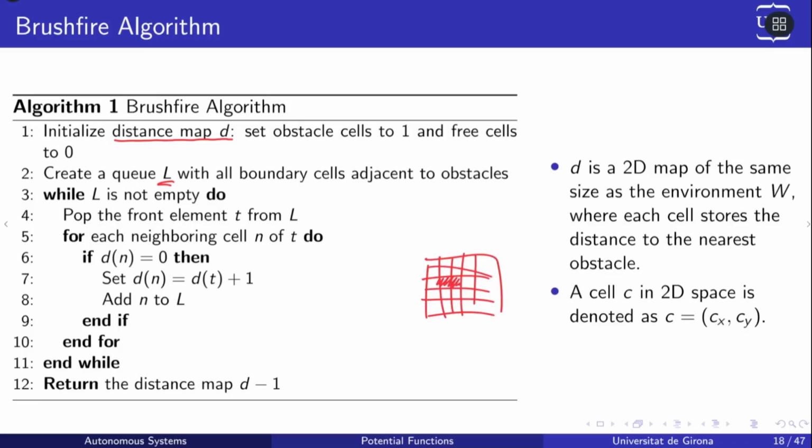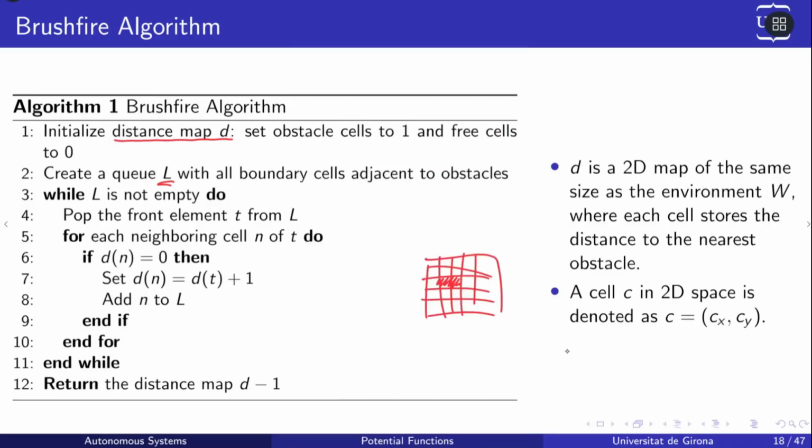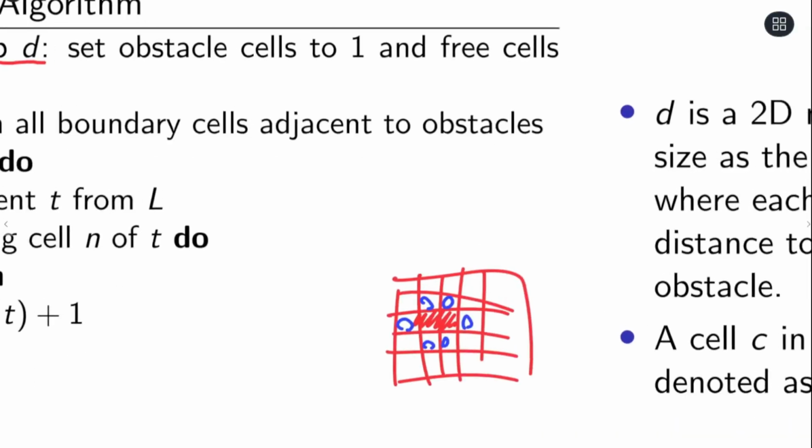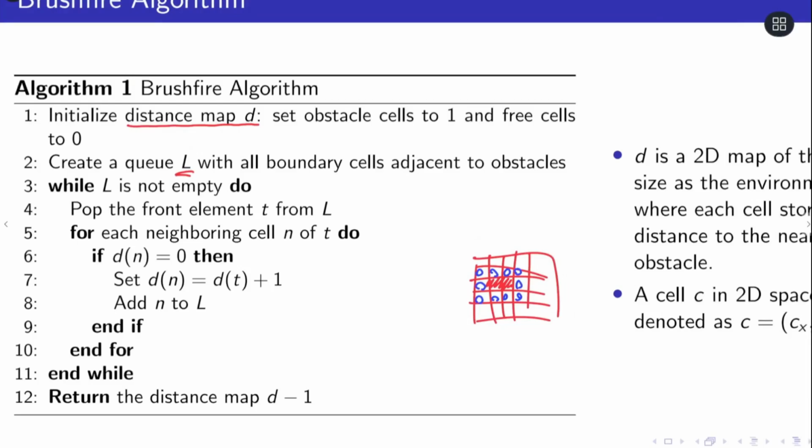If we are using connectivity 4, then this and this have to be added to the list. However, if we are using connectivity 8, I also have to add this and this to the list, okay? Because the red is the obstacles and the white is free space.